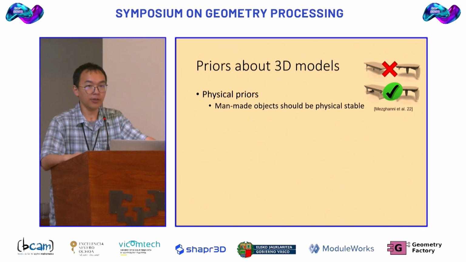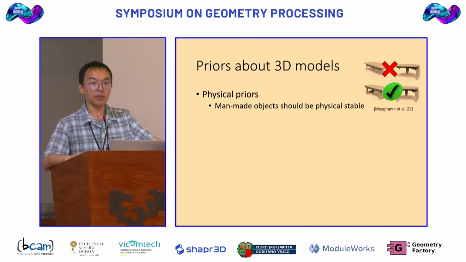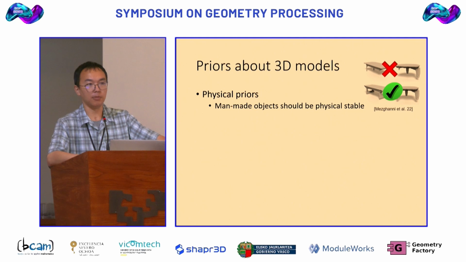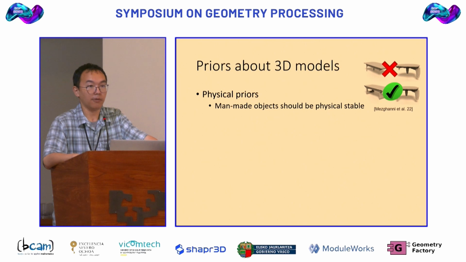Physical priors are very important. And if you care about robotics applications, you generate a 3D environment to be interacted with by agents or robots, doing some simulation, physical properties are very important. But we do not model physical properties in image and video generation. So this is actually very important.